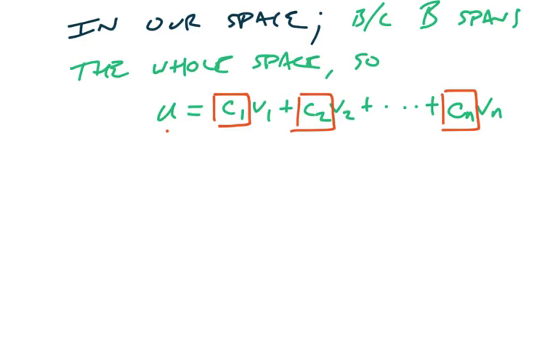What we're going to do is think about how we can isolate C1 from this decomposition. To isolate C1, what I want to do is figure out a way to make C2 V2, all the way up through Cn Vn, disappear. Right? This is the idea, so that I'm only left with C1 V1. And if I can make those other terms disappear, that will tell me what value C1 has to have. All right?